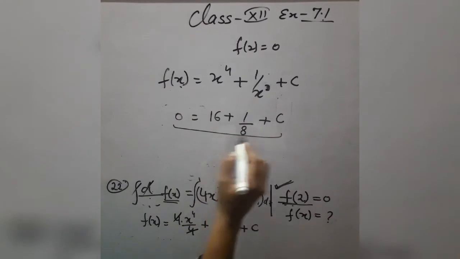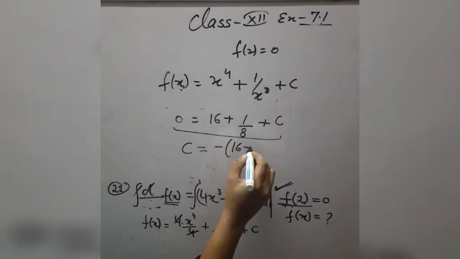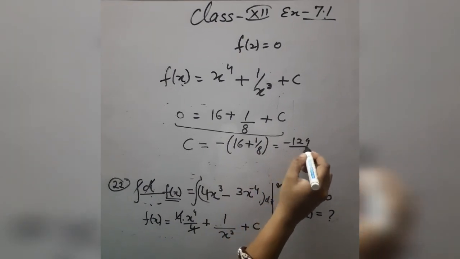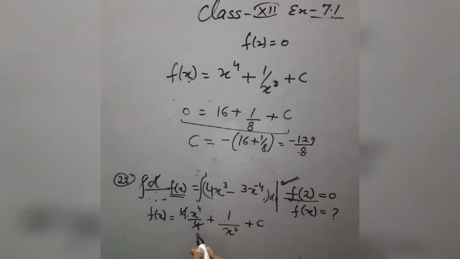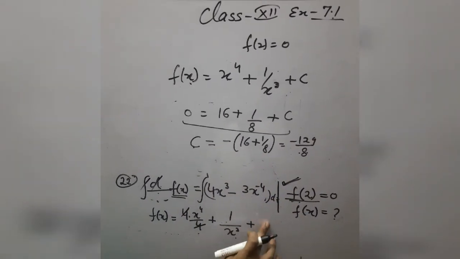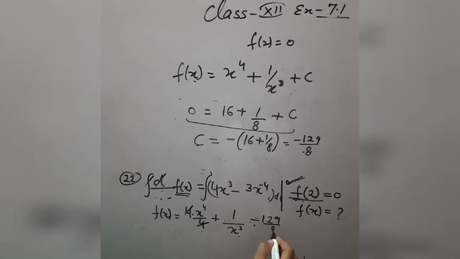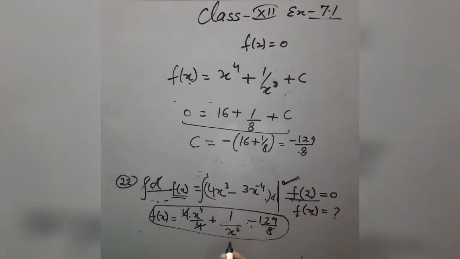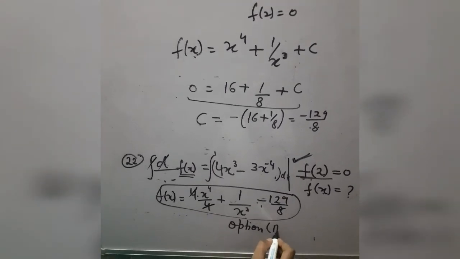So by using this result, you can find out the value of c. c is equal to minus of 16 plus 1 by 8, which equals minus 129 by 8. After finding the value of c, very easily you can find the given function. If in place of c you put the value of c, you will get the function fx. So this is the fx function, which is given to you in option number A. So option A is the correct answer.